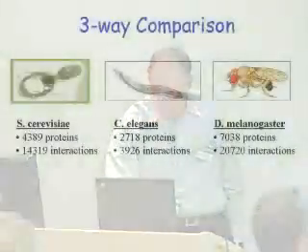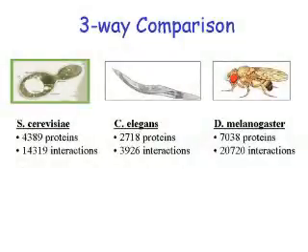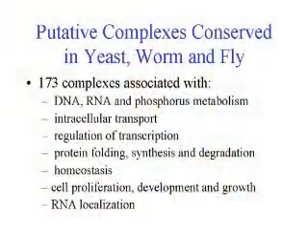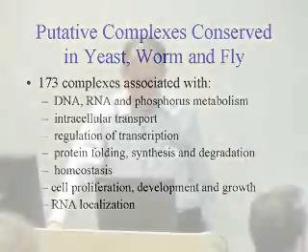I'll show you a little bit of detail about the kinds of findings. The NetBlast group that I was included in worked with 3 species, yeast, worm, and fly, with their own protein interaction networks, and we used this technique to find fairly dense subgraphs conserved across these 3 species.